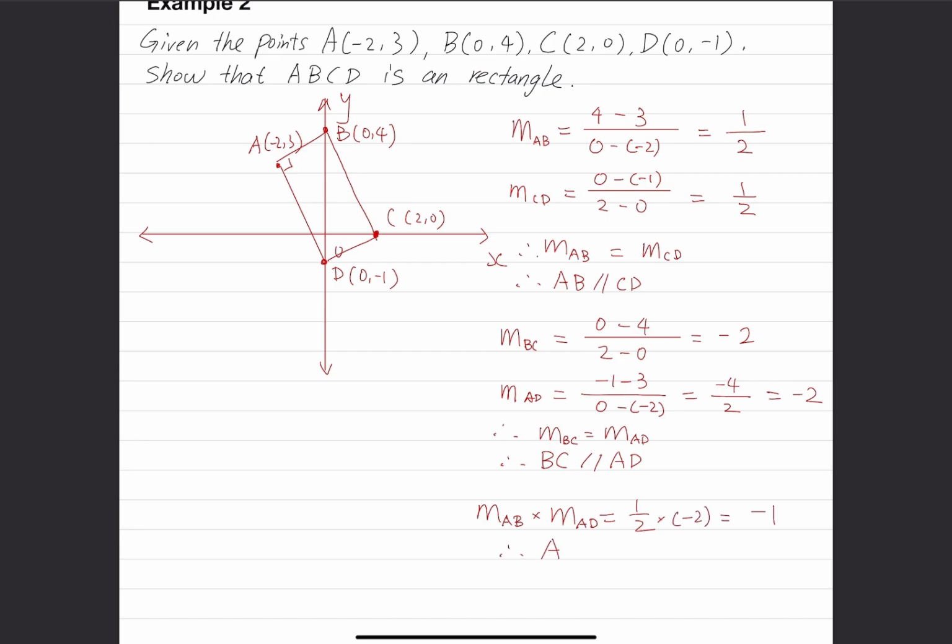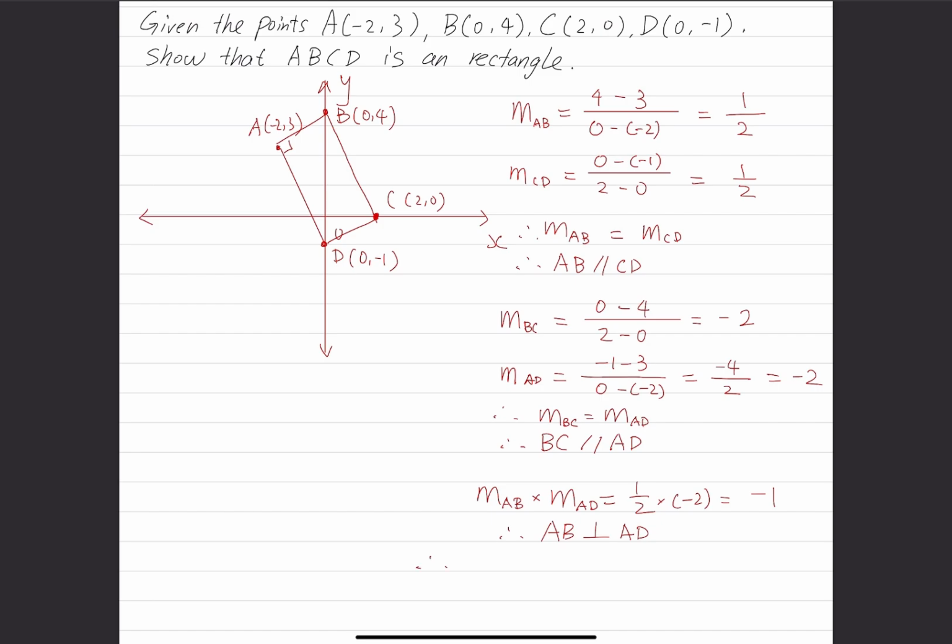Therefore, AB is perpendicular to AD. Therefore, ABCD is a rectangle. All right. So these are the two examples where we use the concept of parallel lines and perpendicular lines in order to find the gradient and also the equation of the straight line.